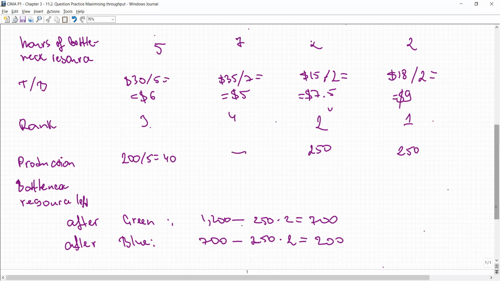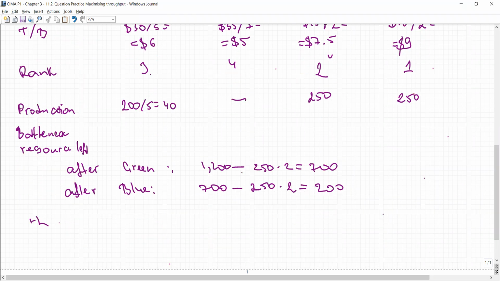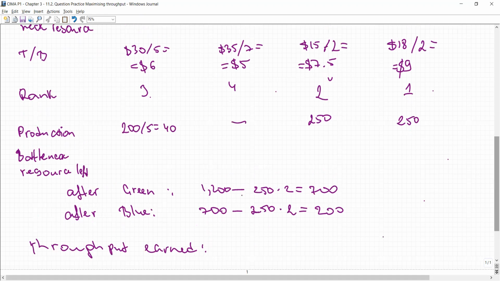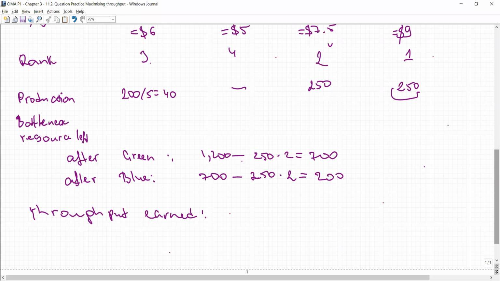Okay, now let's calculate throughput. To calculate that, we will take the production of product green multiplied by its throughput of 18, so 18 multiplied by 250.